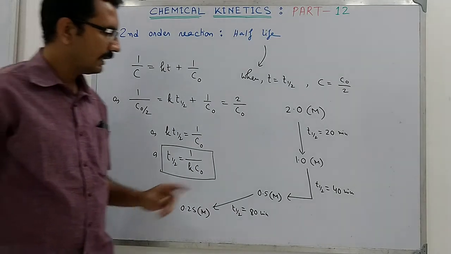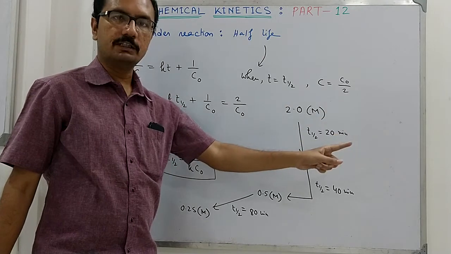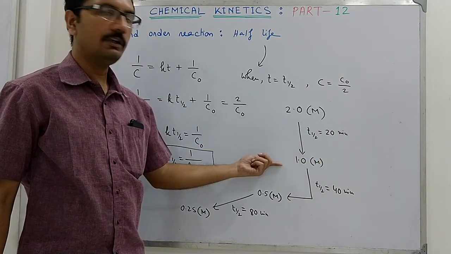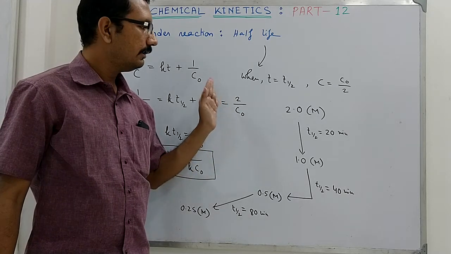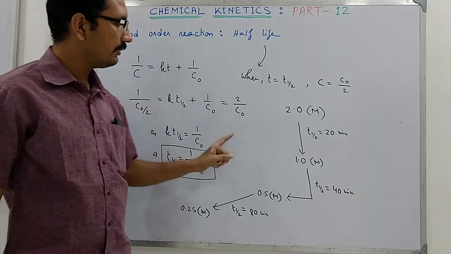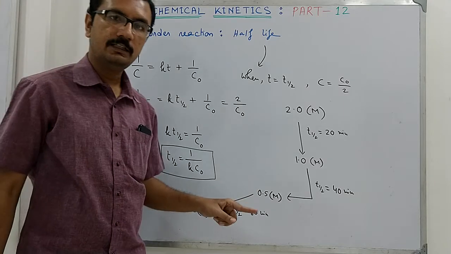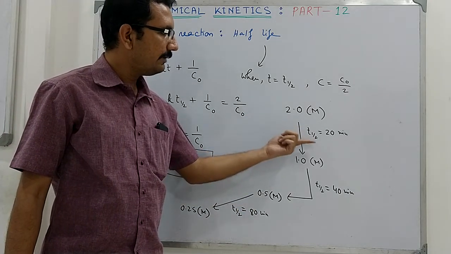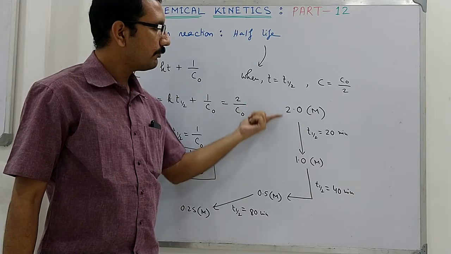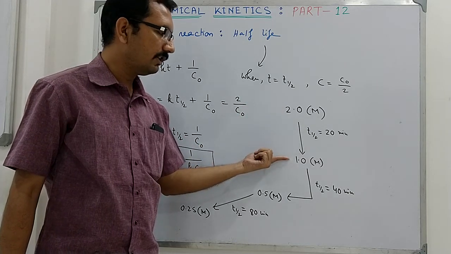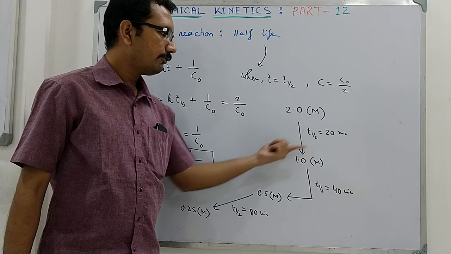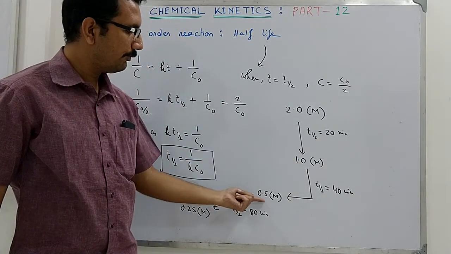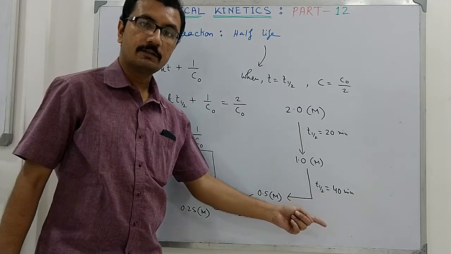Now see, as the reaction proceeds, the concentration of the reactant will fall gradually with the passage of time. If the time for the fall of concentration from 2 molar to 1 molar is 20 minutes, then the fall from 1.0 molar to 0.5 molar is 40 minutes.